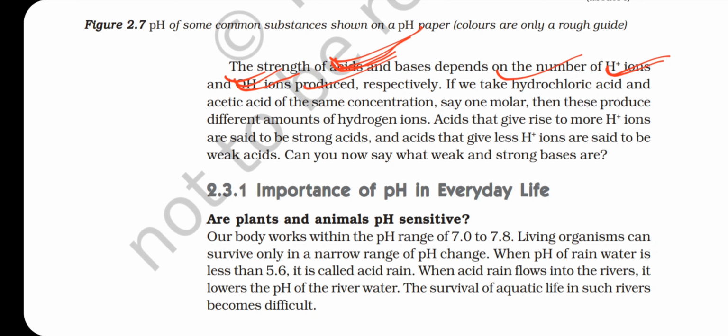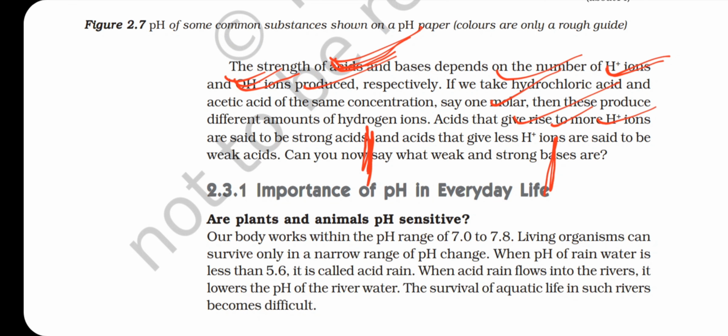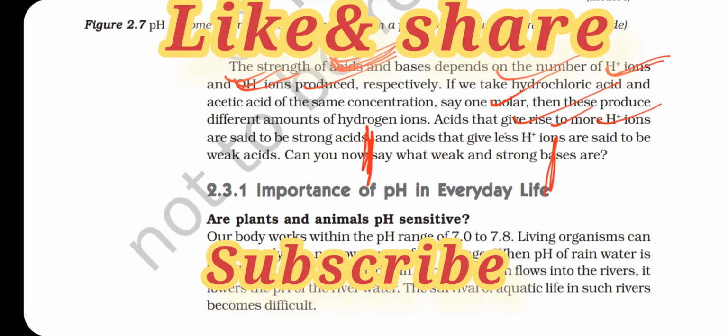If we take hydrochloric acid and acetic acid of the same concentration, say 1 molar, do they produce different amounts of hydrogen ion? The acid that gives rise to more H plus ions is said to be a strong acid, and the acid that gives less H plus ions is said to be a weak acid.